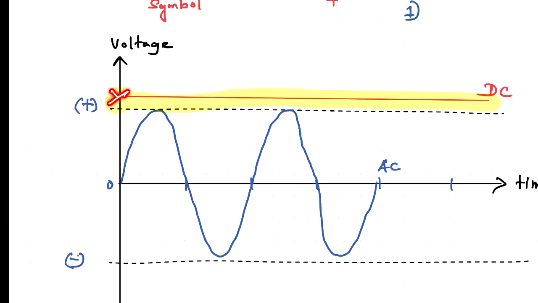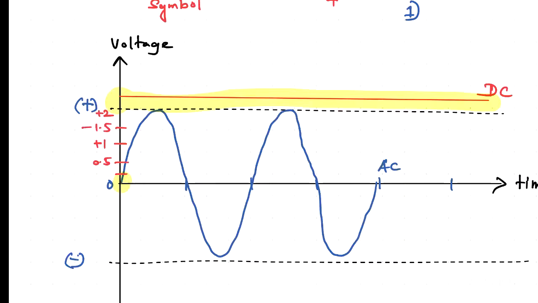This is the specific fixed value. But if we consider the AC voltage or the AC current, you can see it starting from zero. If I take values, then you can clearly understand. Let's say this is +2, this is +1, this is 0.5, and this is 1.5.